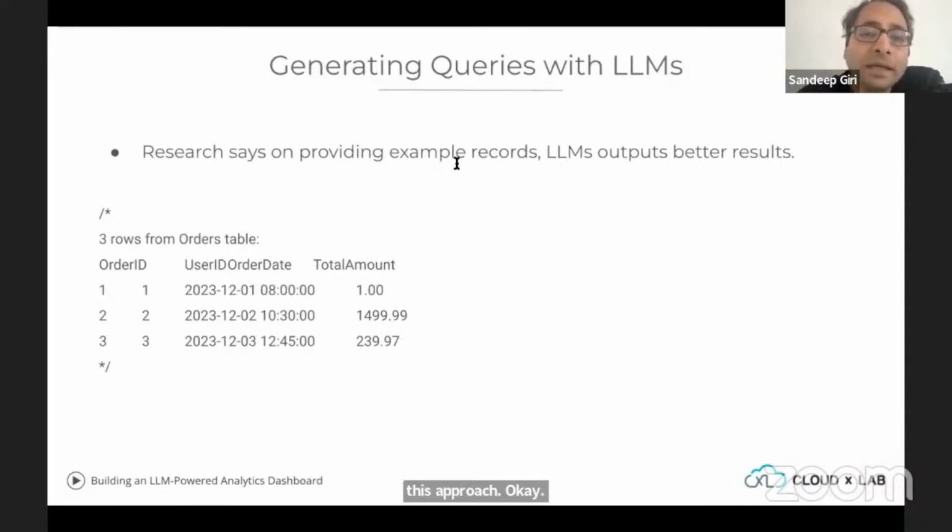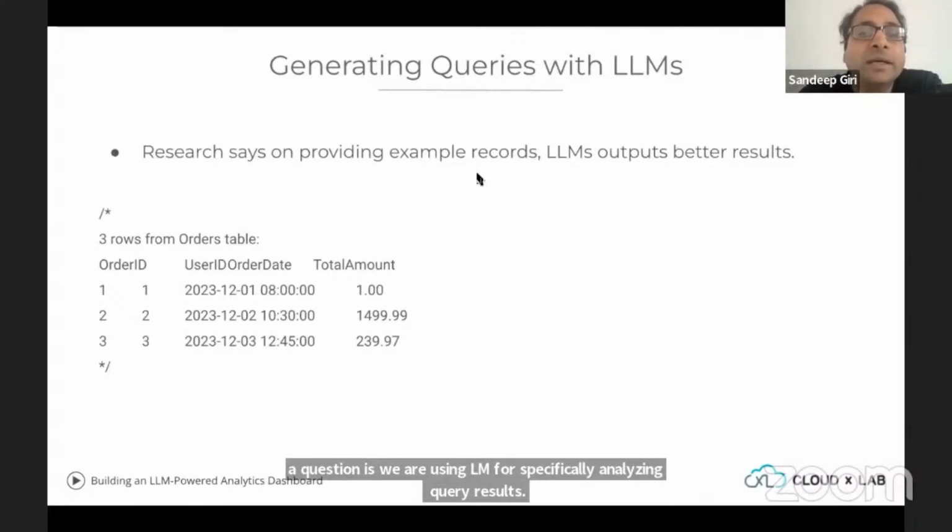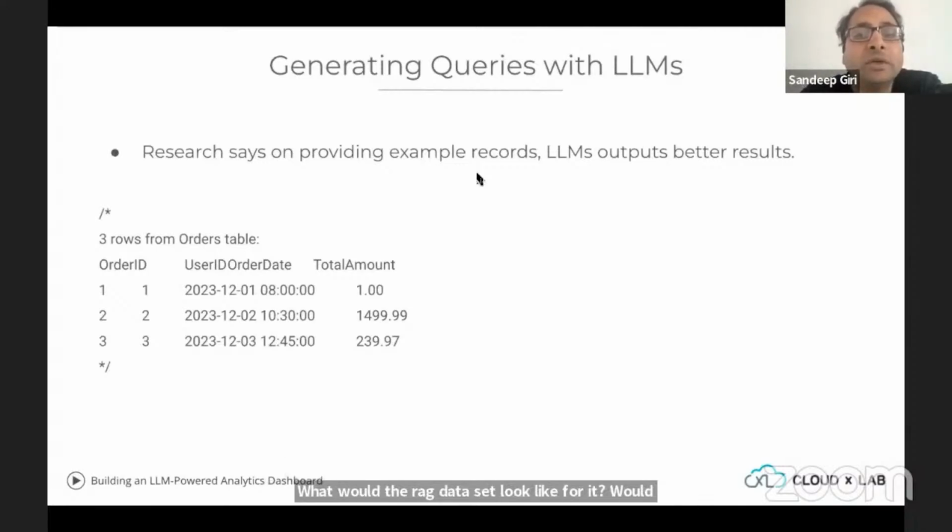So a question is, we are using an LLM for specifically analyzing query results. What would the RAG dataset look like for it? Would a similar dataset be used for fine tuning? Let's keep the RAG keyword aside. RAG is essentially retrieval augmented generation: composing a prompt, as in the question, for the LLM such that it can give the answer.